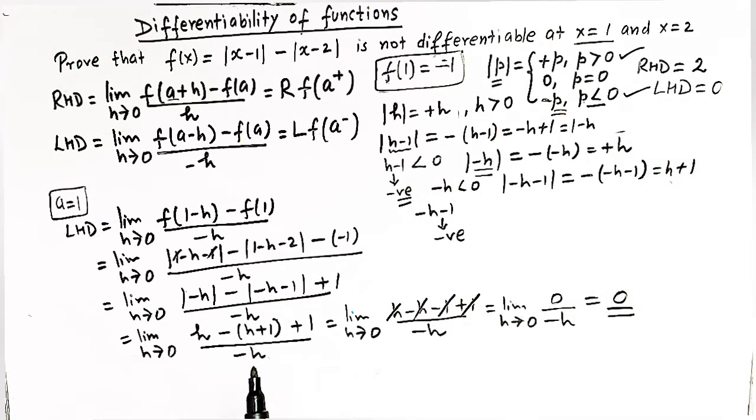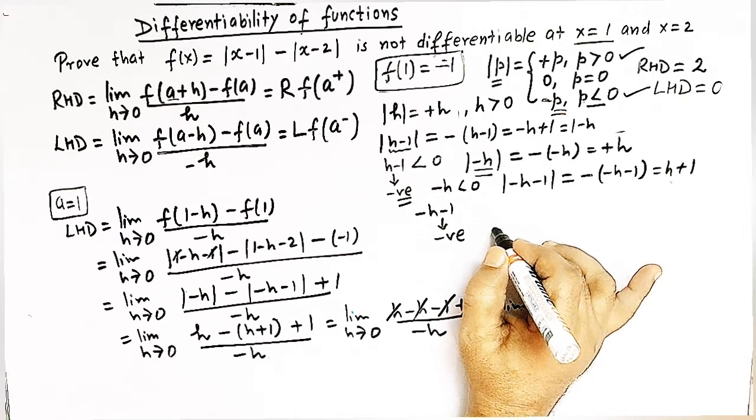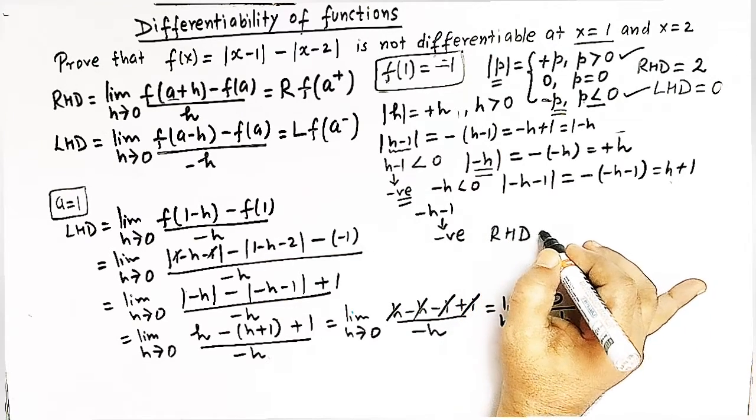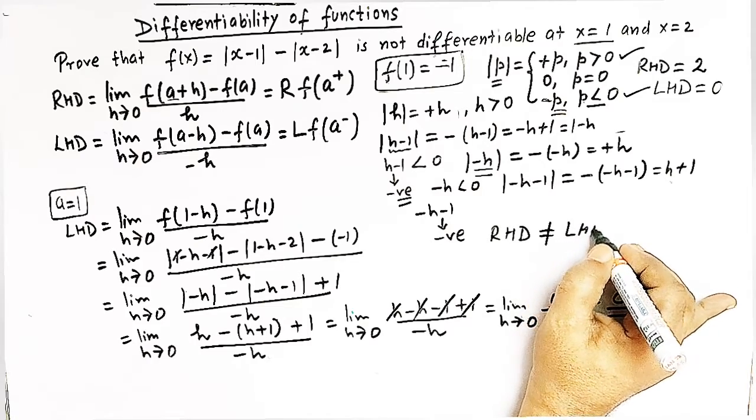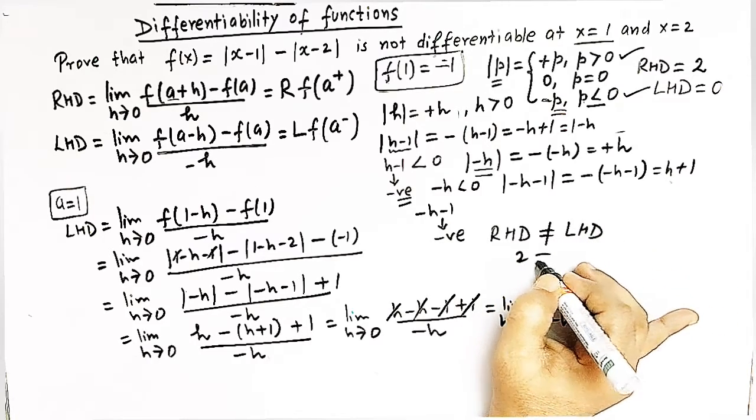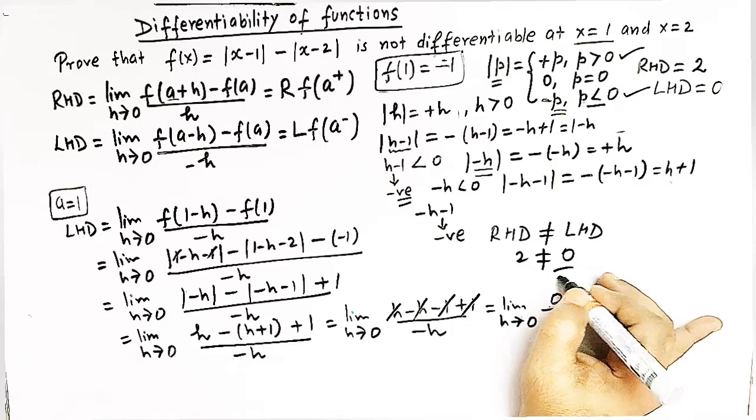So now from this discussion, we have seen that the right hand derivative is 2 and the left hand derivative is equal to 0, and the right hand derivative is not equal to left hand derivative, that is 2 is not equal to 0.